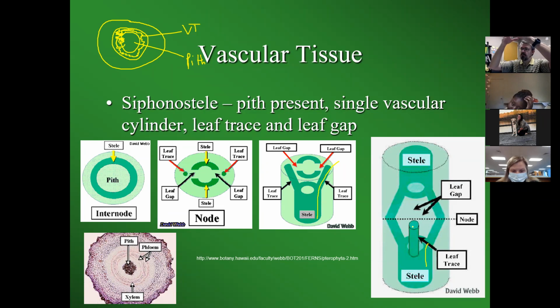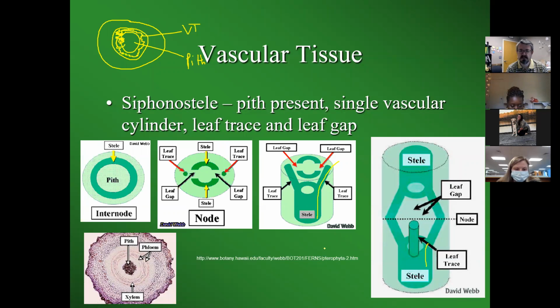It will reform eventually, especially, by the way, think about this. It's a solid cylinder during the node section of the stem. It's at the internode that you get the leaf trace, leaf gap picture. That makes sense for everybody? Okay. Down here in the bottom right, you can actually see how you've got vascular tissue and then pith in the middle. So that's an example of what it would look like.